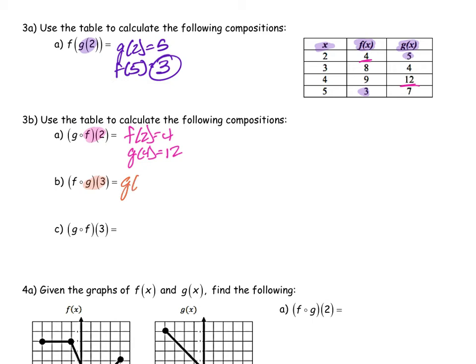So g of 3 is 4. And then f of 4 is 9. Great. And then we're going to find f of 3. So f of 3 is 8. And then they want us to find g of 8. Oh, there's no 8. What's my answer?